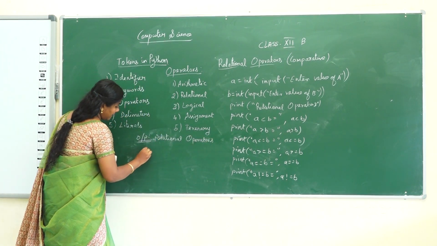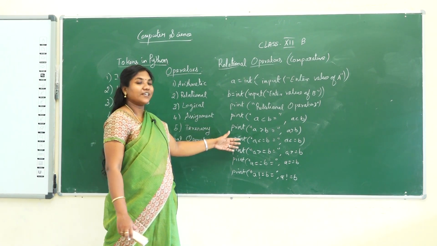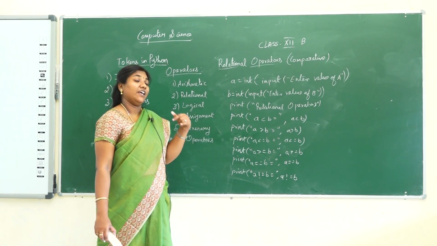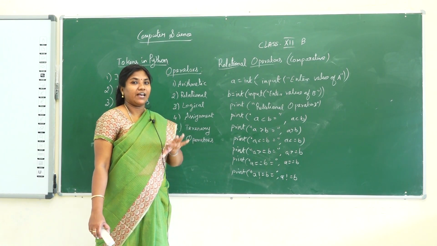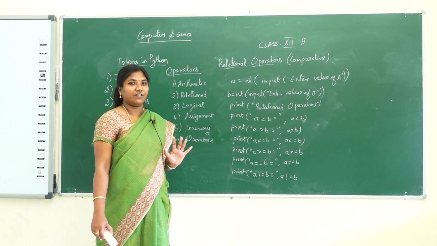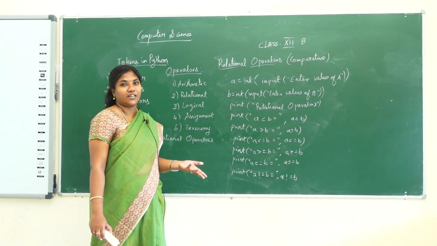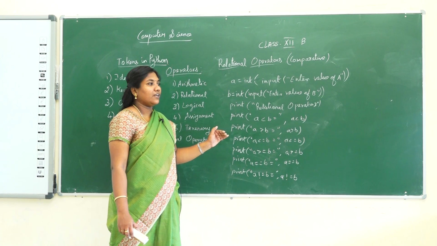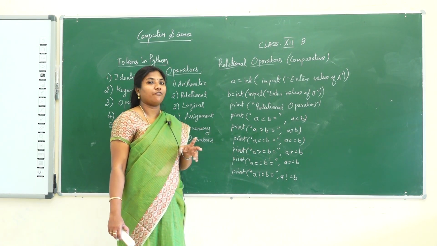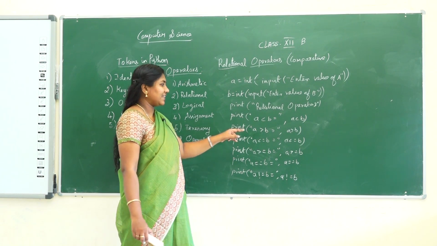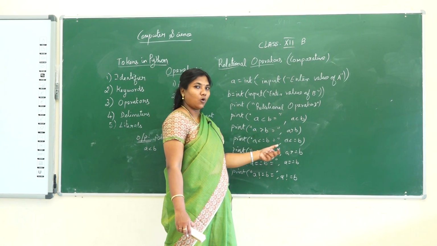And next one, A less than B. For arithmetic operators, we write A plus B, we have the value of A and the value of B, and it just adds and gives the value. But here we are going to check only whether it is less than, greater than, less than or equal to, or greater than or equal to. So what will the output be? It will be given as true or false. If A less than B, we are checking a condition, so it will give the answer as either true or false.